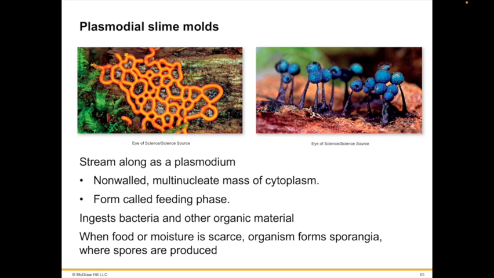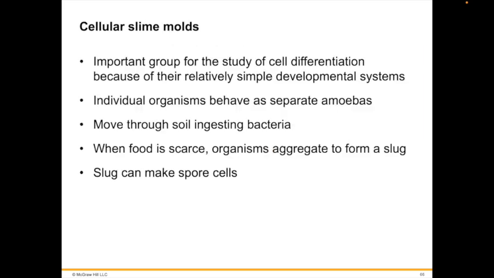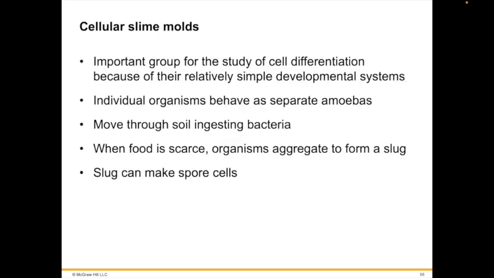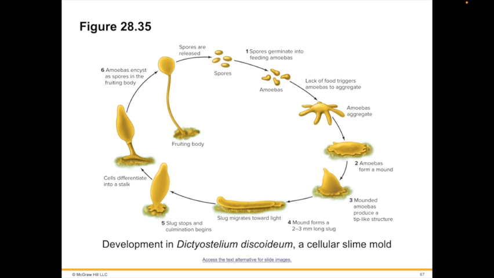Cellular slime molds exhibit cell differentiation. Cellular slime molds can signal and interact with neighboring cells, resulting in differential cell types in an aggregate organism. And this is showing you that cellular slime mold here.